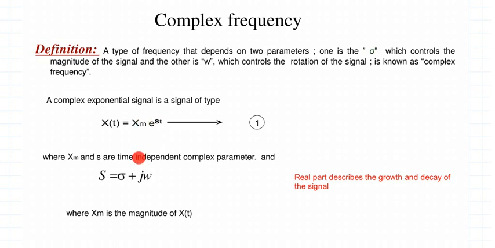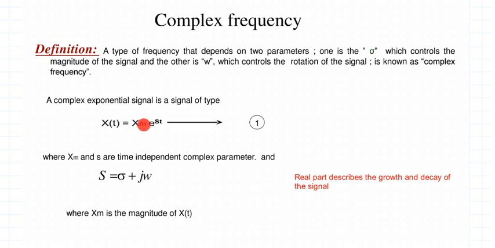And what is this omega which is hidden in s? This omega tells us about the frequency content of that signal. So whenever we are expressing a signal in the form of e raised to st, it means that we are talking about the magnitude and the frequencies of the signal.